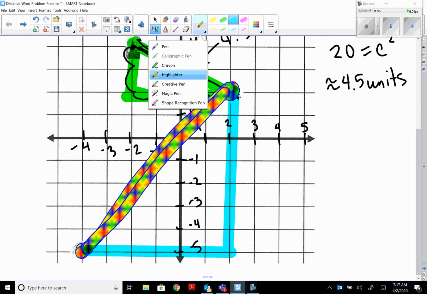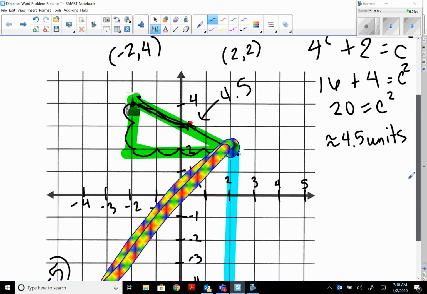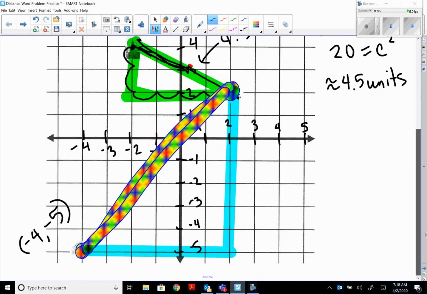So, oh, I didn't write the coordinates for Australia. So Australia's x-coordinate is -4, and the y-coordinate is -5. So we're trying to find the distance between this point, -4, -5, and then +2, +2.